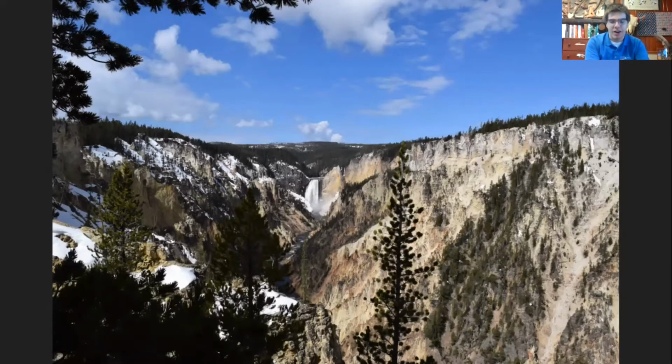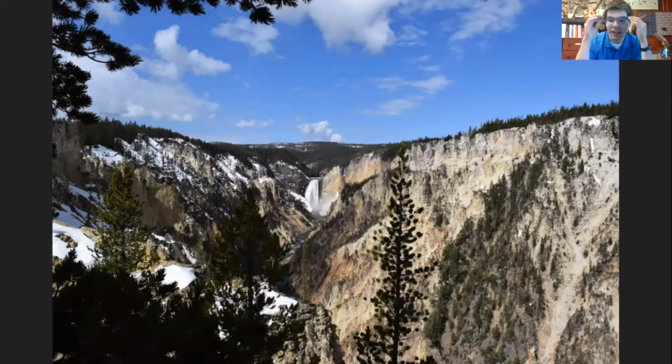And so all of this water is being tunneled in. Now this is a natural process. Unlike Providence Canyon, this occurred naturally over years and years and years and years. And it's still occurring now.